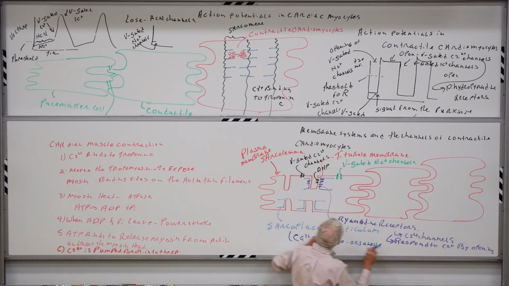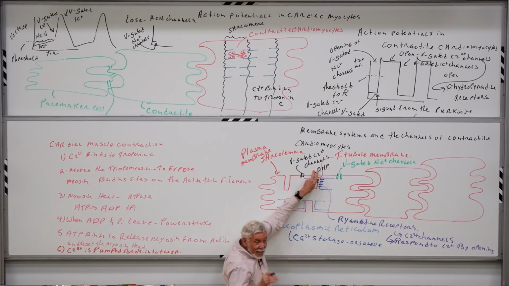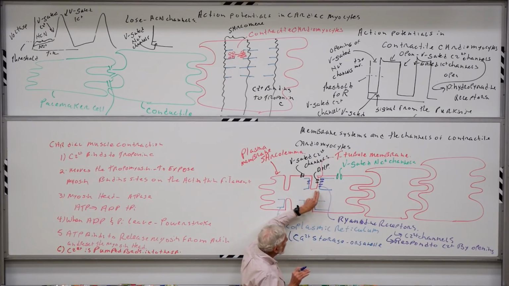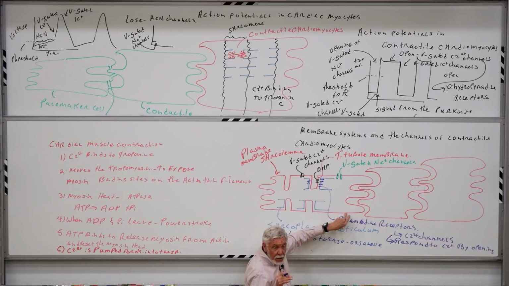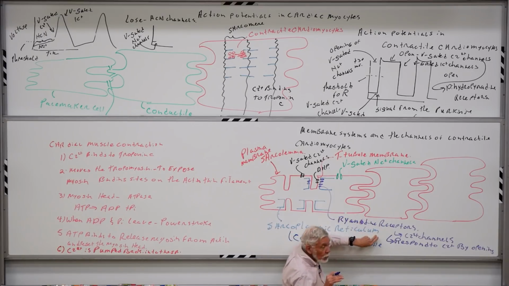This process whereby the voltage-gated calcium channel, the dihydropyridine receptor, lets calcium in. That calcium is now a signal. That calcium is a signal that binds to the ryanodine receptors. The binding of calcium to the ryanodine receptors tells them to open.